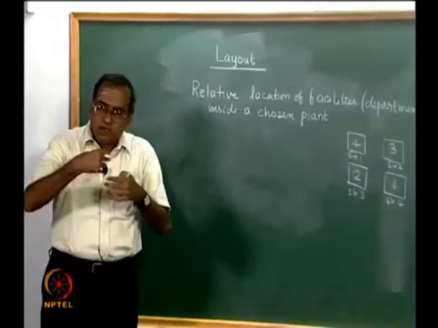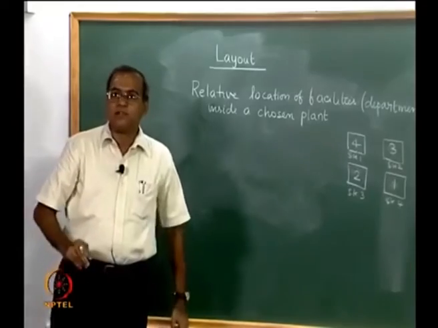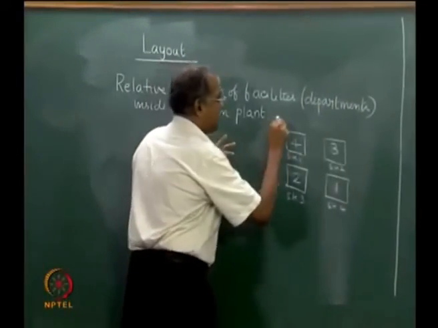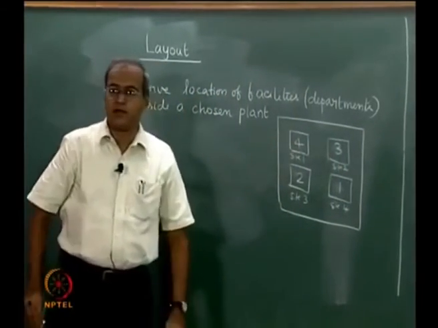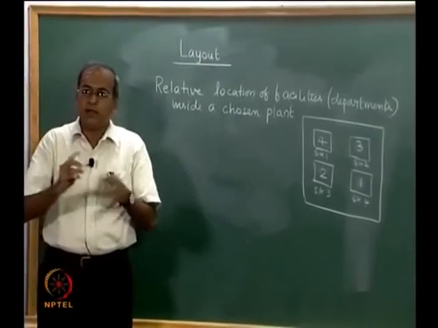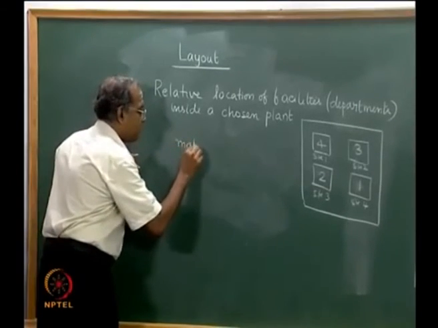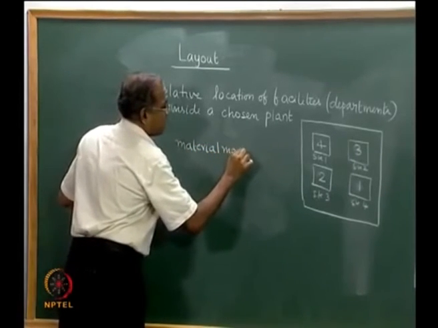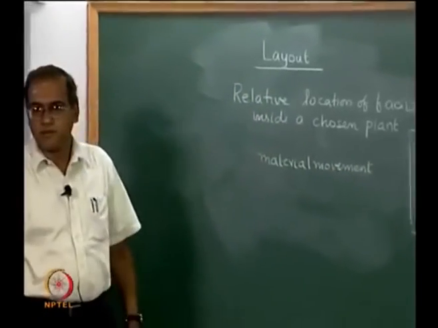Now, why are we concentrating so much on the relative location? The reason is, let us say this is the overall facility and 4 departments are located within it. What we assume in all layout problems is that there will be a material movement among the departments.